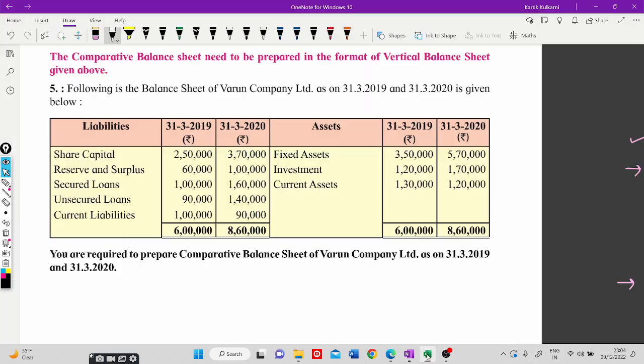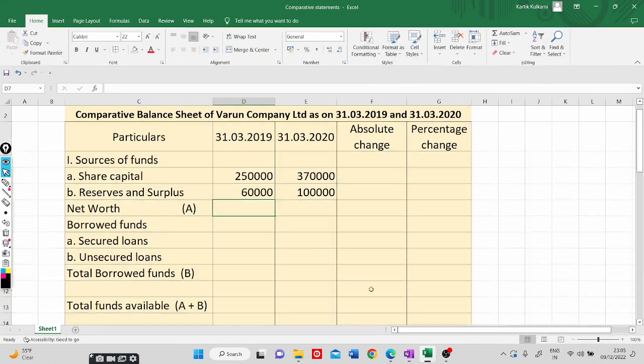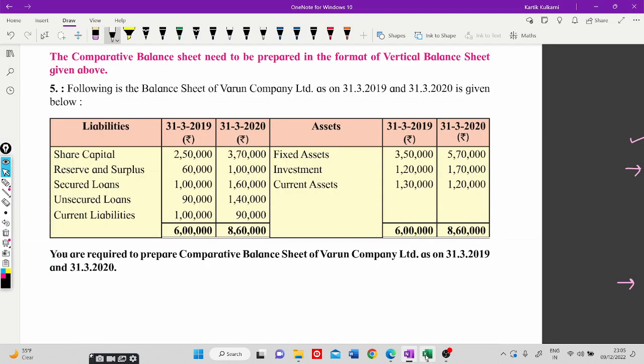Let's see. We can see secured loans similarly are 1 lakh and 1,60,000. First we will write the data. Unsecured loans are 90,000 and 1,40,000.